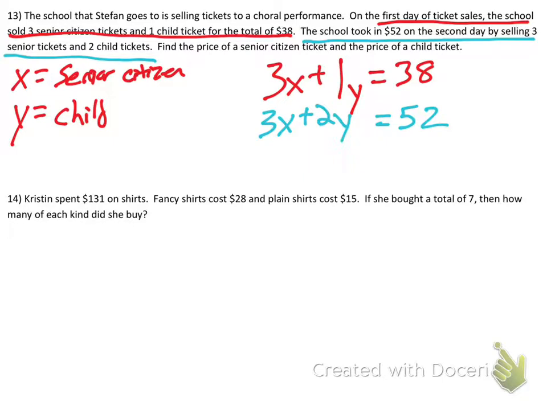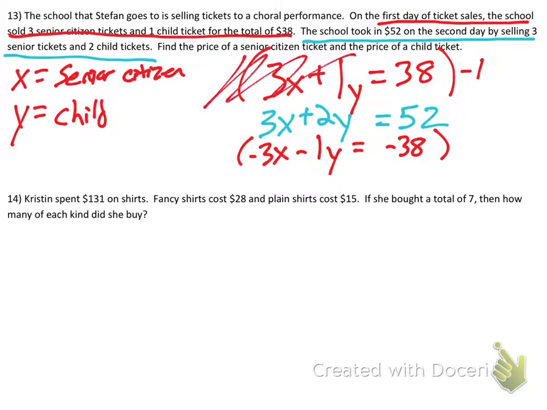For this one, I'd probably go with elimination right away, and I would multiply this top one by -1 so that my 3x turns into -3x. So it'd be -3x and then minus 1y is equal to -38.